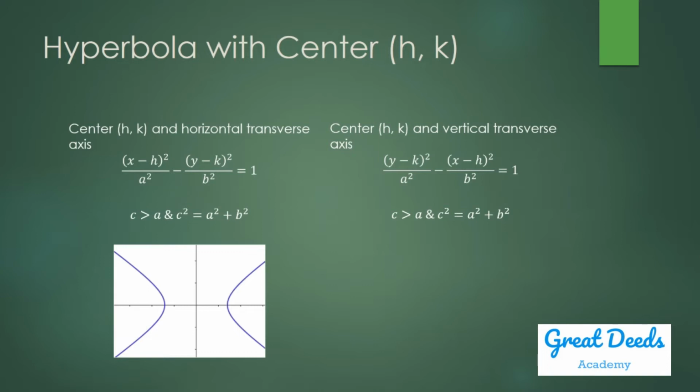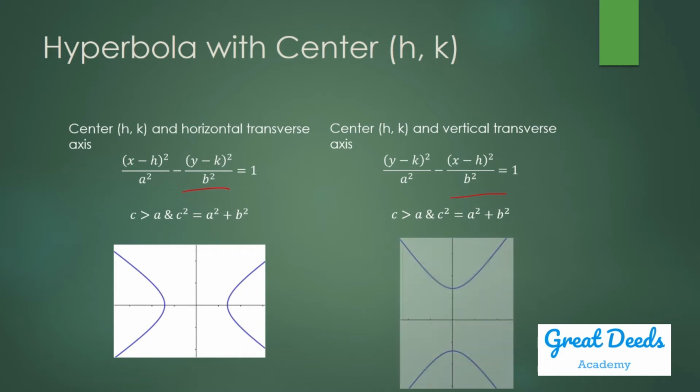When the term that comes after subtraction is y, such as this one, then you are looking at the standard equation of a hyperbola whose transverse axis is horizontal. When the term that appears after subtraction is x or x squared, then you are looking at an equation that defines a hyperbola whose transverse axis is vertical.